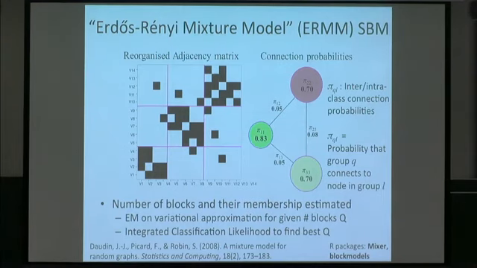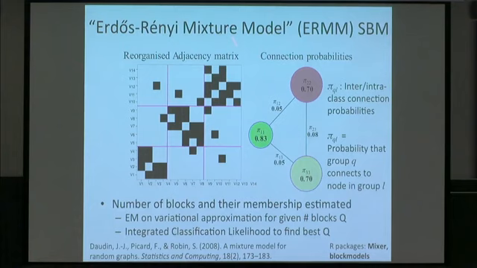So when I got a student shared with Ed Bullmore, who's here in Cambridge, I thought, okay, I'm going to try to take all I can find out about stochastic models for graphs and try to put them to work in his setting and see if I can change the way he thinks about these things. So the first model I found was something called the Erdős-Rényi mixture model.